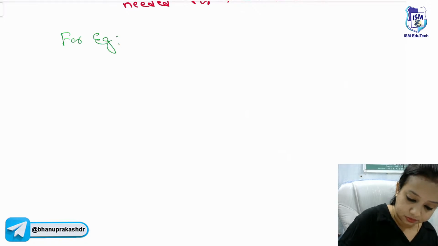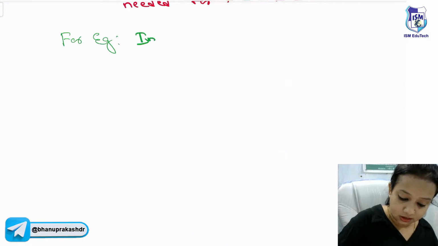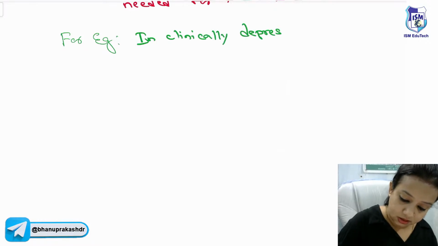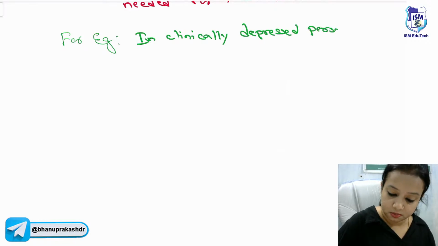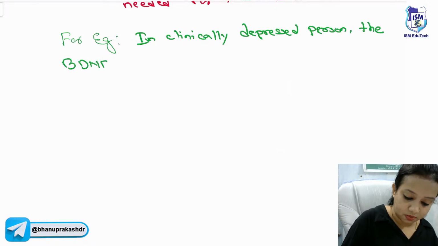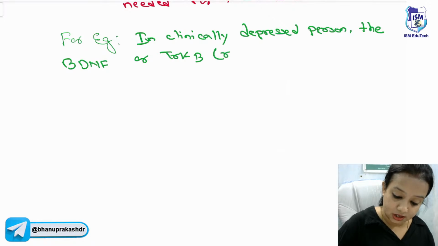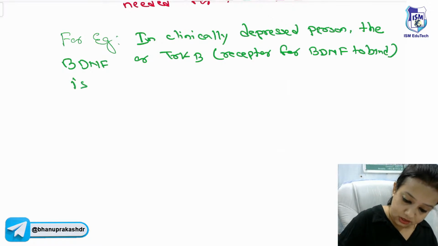For example, it is seen that in a clinically depressed person, the brain-derived neurotrophic factor or tyrosine kinase B, which is the receptor for brain-derived neurotrophic factor to bind, is low.